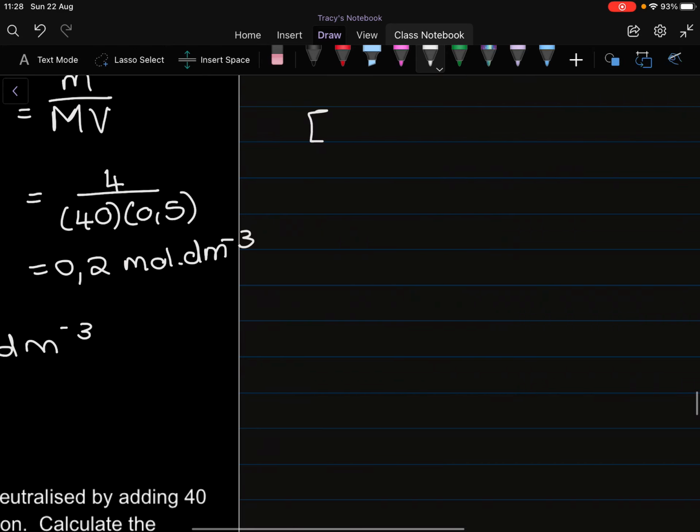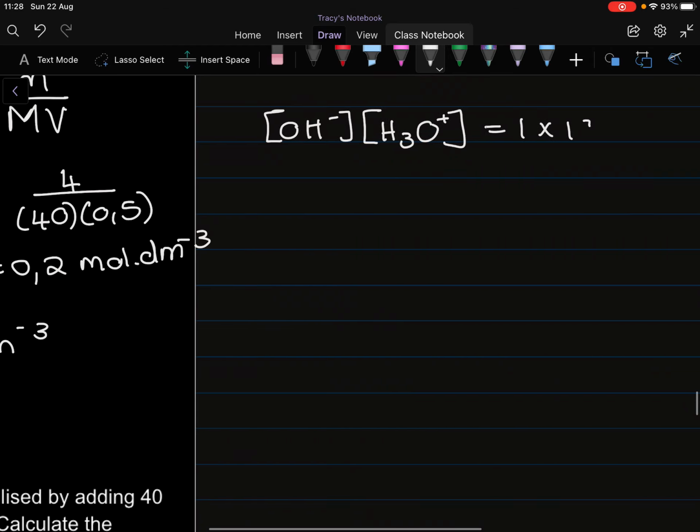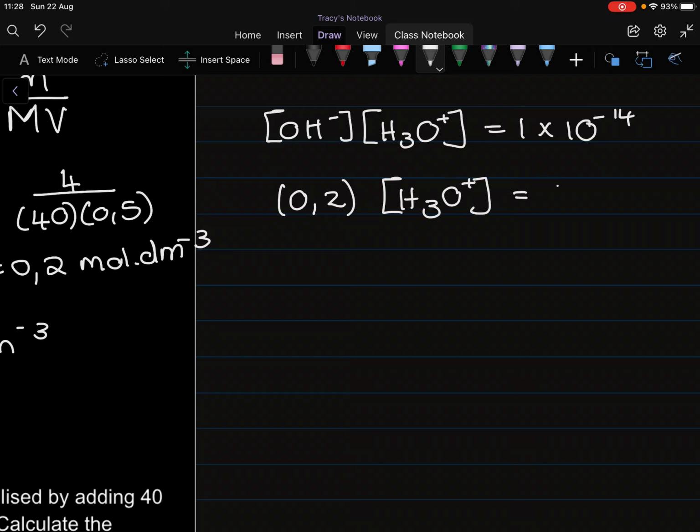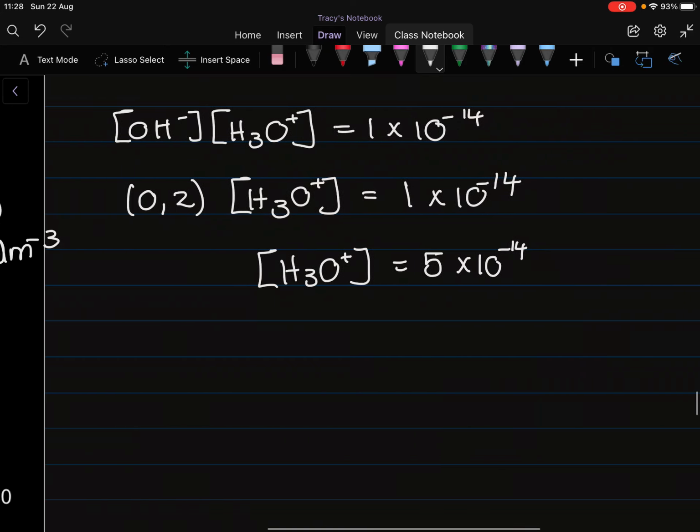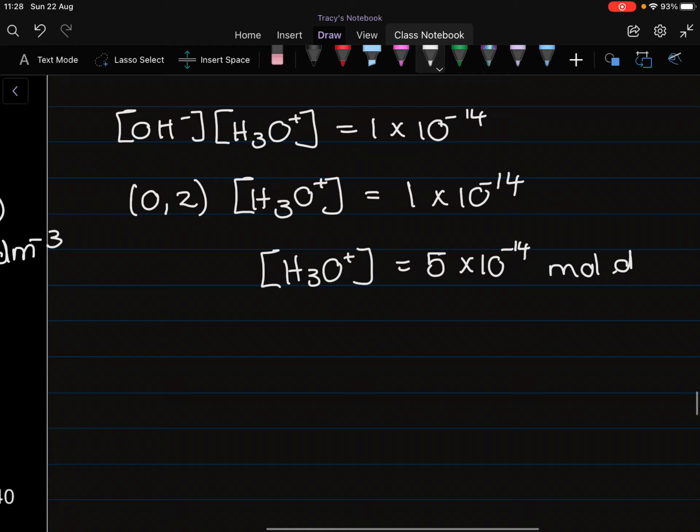Now I can use the fact that OH minus times H3O plus must give me 1 times 10 to the minus 14. I have 0.2 times H3O plus, which gives me 1 times 10 to the minus 14. I divide both sides by 0.2. That gives me 5 times 10 to the minus 14 moles per decimeter cubed.